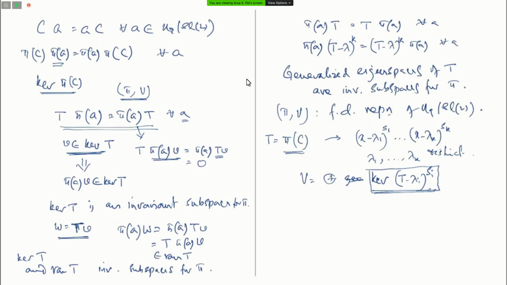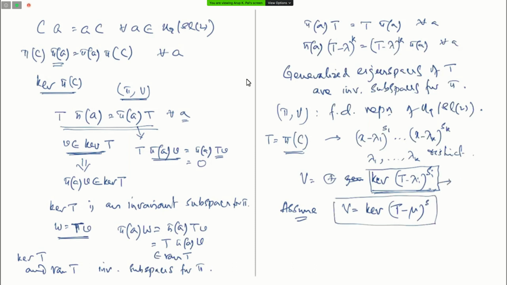So assume you are working with lambda 1, as T minus lambda.